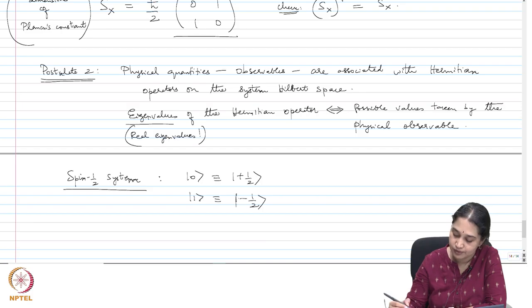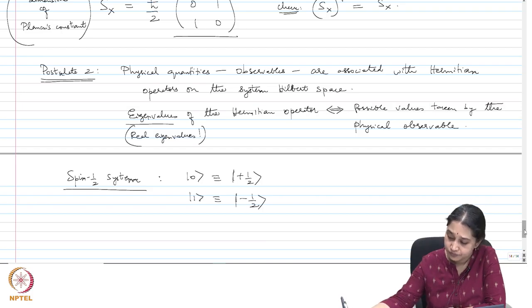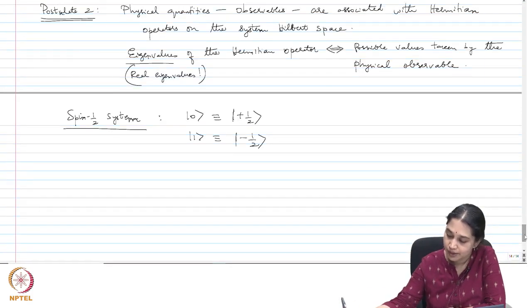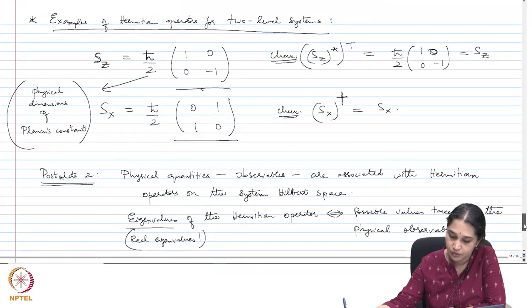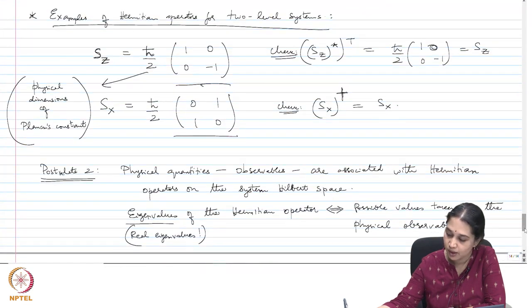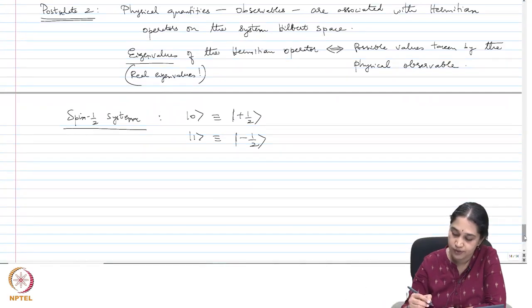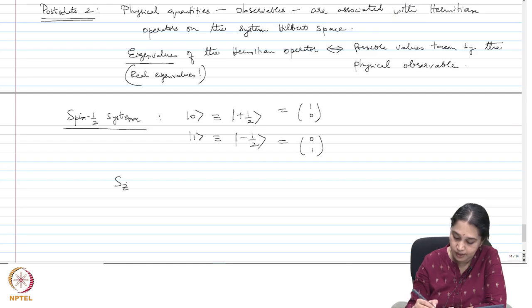Now, remember this matrix that I wrote down here, which is of the form 1, 0, 0, minus 1. Let us see what the action of this matrix is on ket 0. Remember that ket 0 is associated with the two-column vector 1, 0, and ket 1 is associated with the two-column vector 0, 1. So what is the action of this matrix or this operator Sz on ket 0?